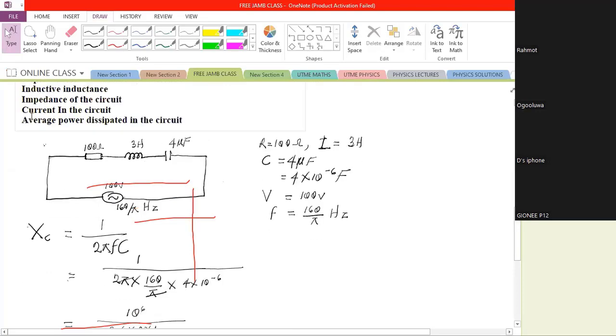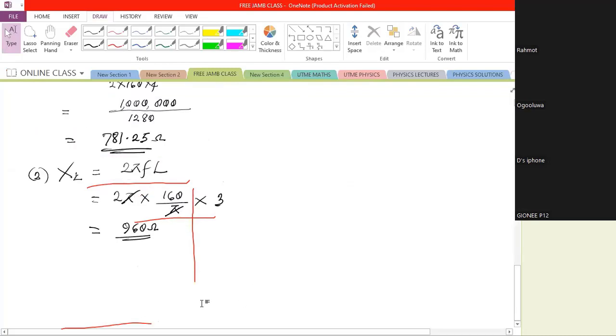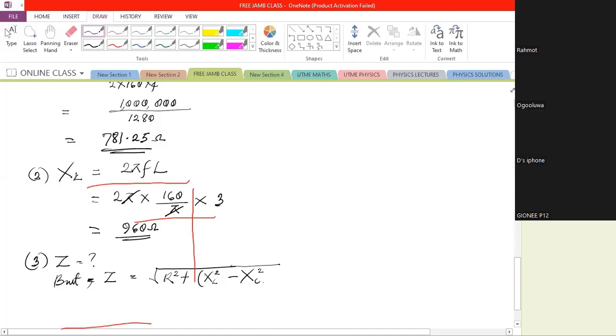The third question says that we should calculate the impedance. Impedance is the next thing to be calculated here. The impedance Z equals the square root of R squared plus XL squared minus XC squared.